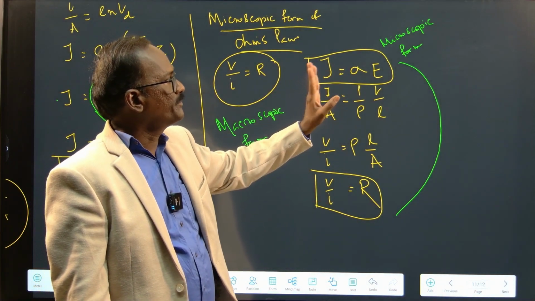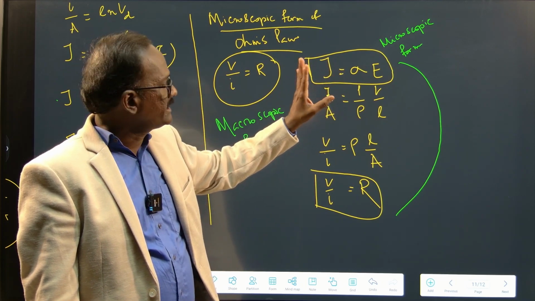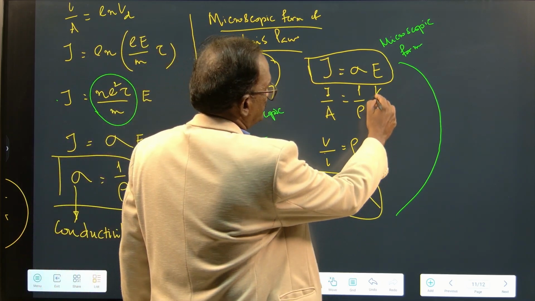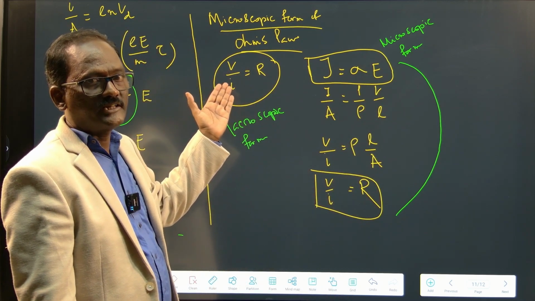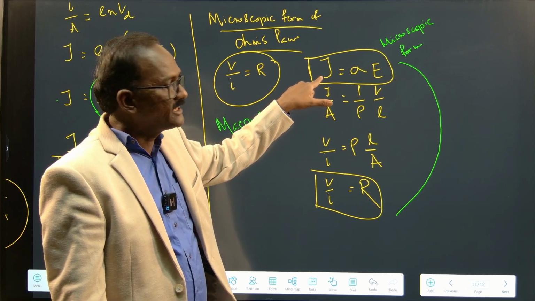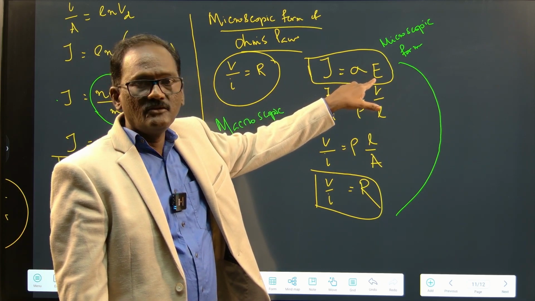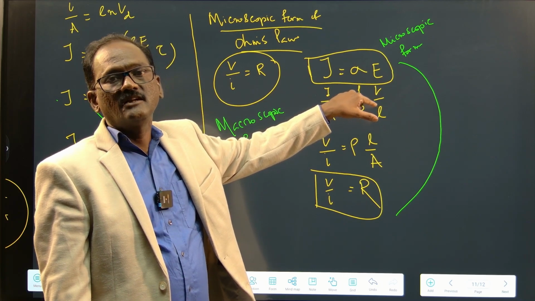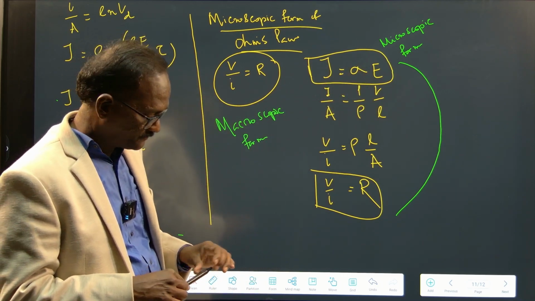This is the microscopic form, right? Why is it called the microscopic form? It includes the dimensions. Look at it, area, L, but here dimensions are not there, only voltage, current, resistance. But it includes the current with the cross-sectional area, and E, voltage, with the length of the conductor, right? That is the microscopic form of Ohm's law, right?